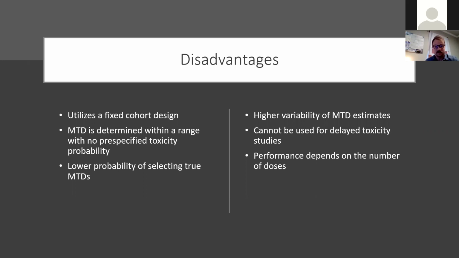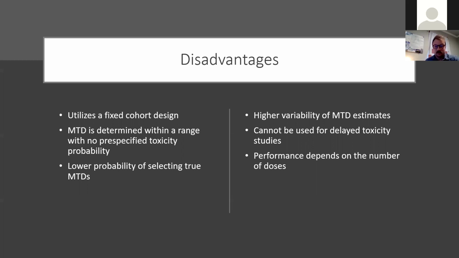That means that if I'm a clinician and I think it's okay if my drug has 25% toxicity probability, I can't do that because it's going to end up somewhere between 17 and 33%. It's going to be 1 out of 6 or 1 out of 3 patients max having a DLT with the 3+3 design. And without a pre-specified toxicity, there's a risk of causing a severe toxicity far different from what we deem acceptable, because we don't really have a lot of input on what that should be.